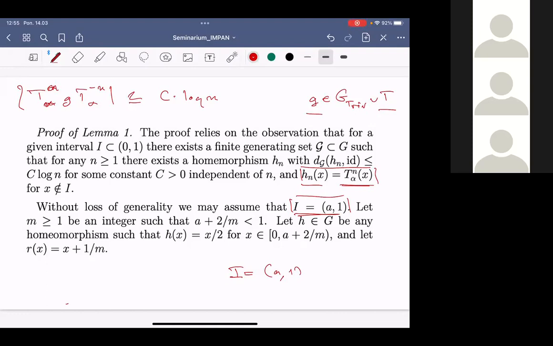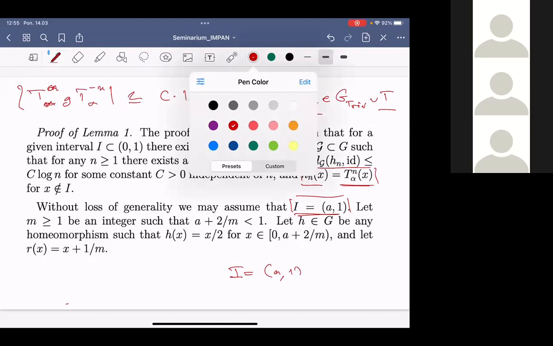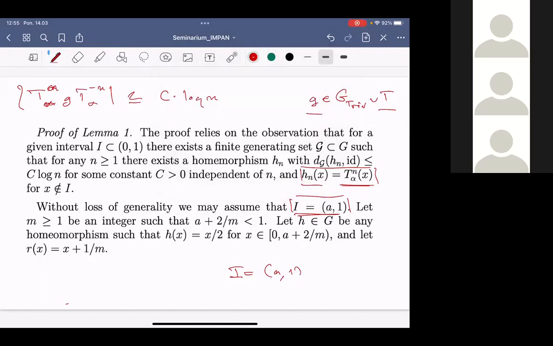As I said, we can assume that this interval is the interval [a, 1]. We take some constant m, which is some integer bigger than 1, and we assume that m is sufficiently large, so a plus 2 over m is less than 1.